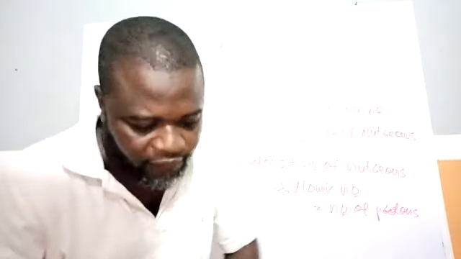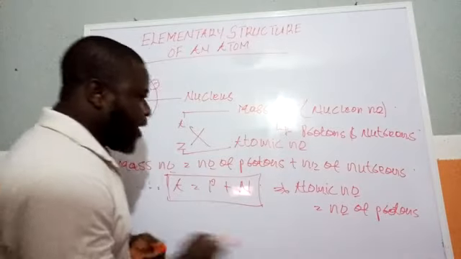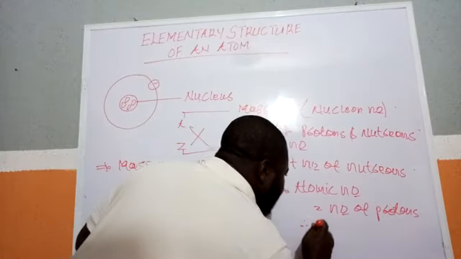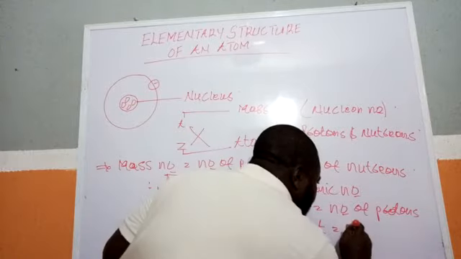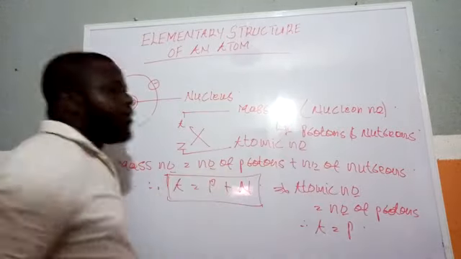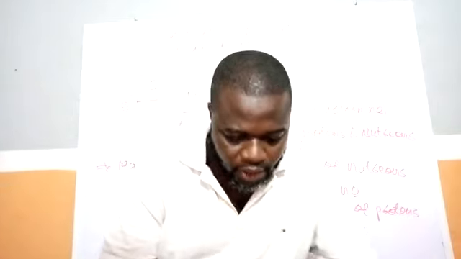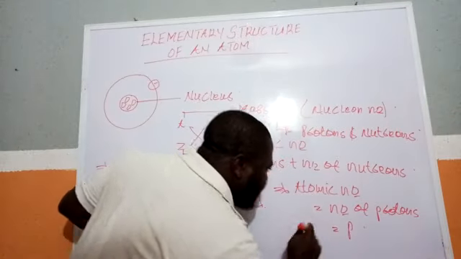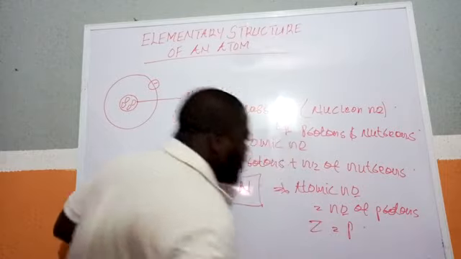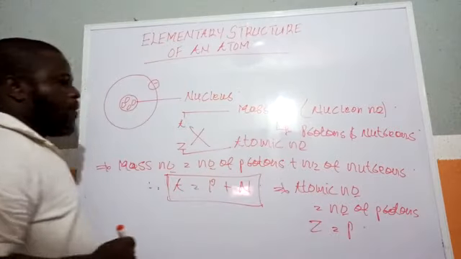So take note of that. That means atomic number is also equal to number of protons, P. Okay, atomic number should be Z, sorry for that. Atomic number should be Z, which is now equal to P.